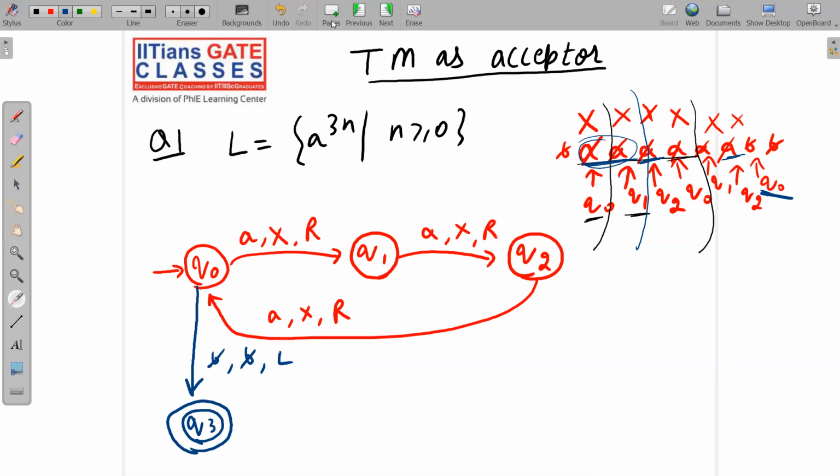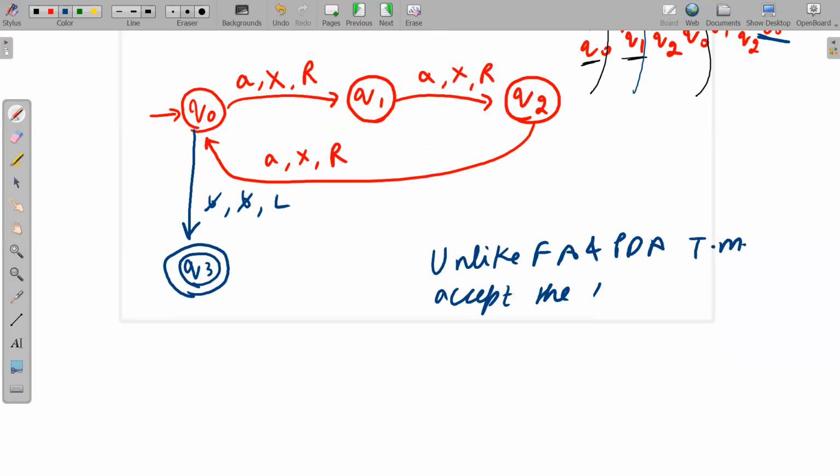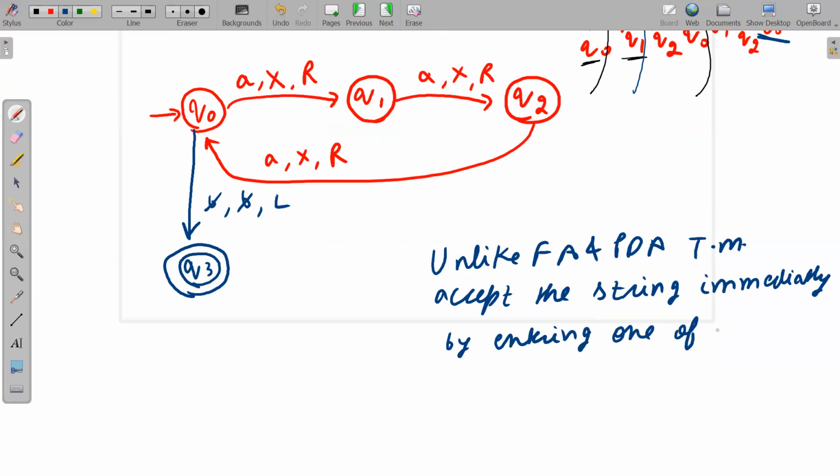Let me write it properly. This is a very important point, and it may confuse you. So unlike FA and PDA, Turing machine accepts the string immediately by entering one of the final states.